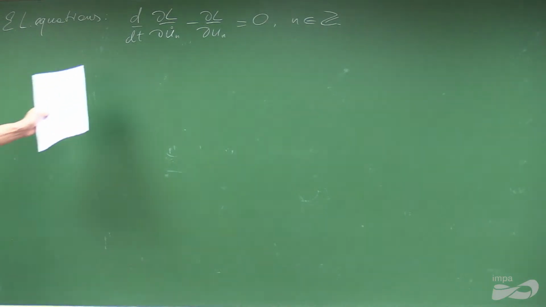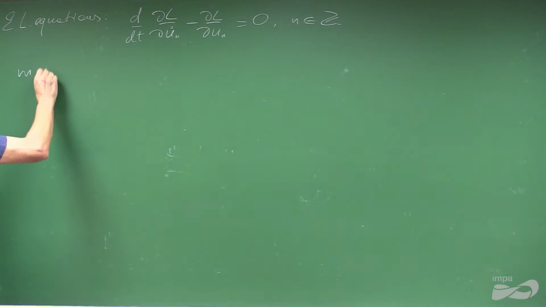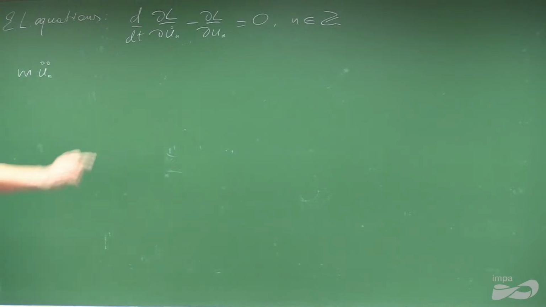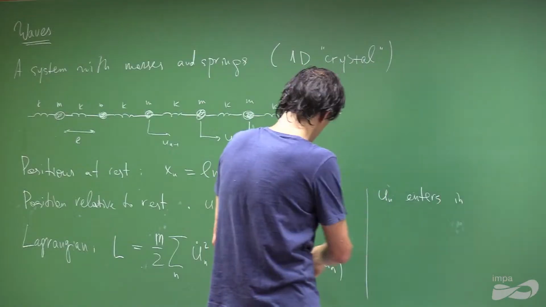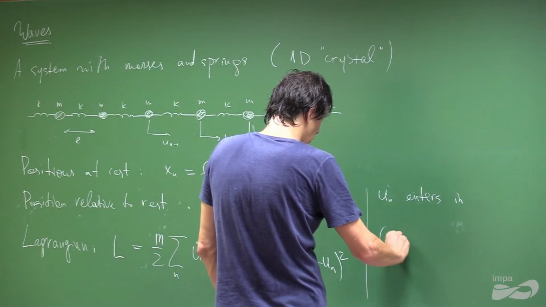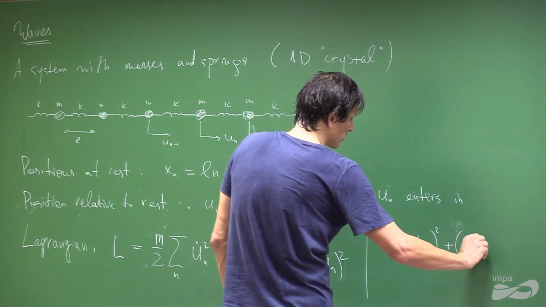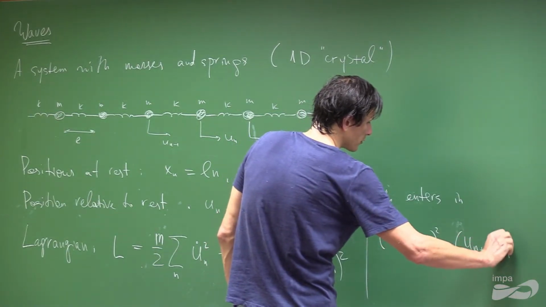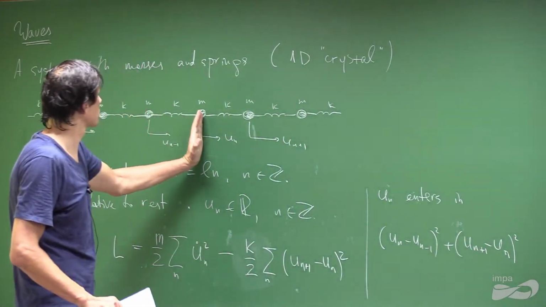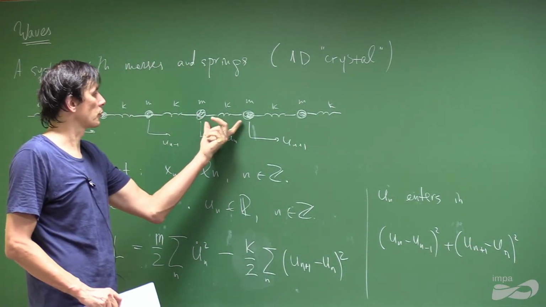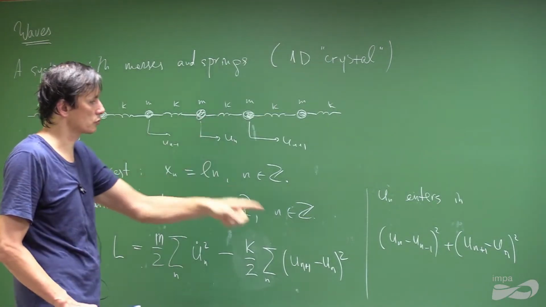The first term we know is always mass times acceleration. Now we have to find the next term. The minus with minus gives you plus. And then you should find where u_n enters. u_n enters in two terms here, in the terms (u_n minus u_{n-1}) squared and (u_{n+1} minus u_n) squared. Whenever you have mass n, it enters into the potential energy of the right spring and the left spring. So there are two terms.